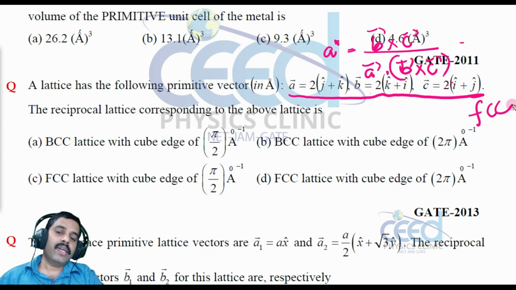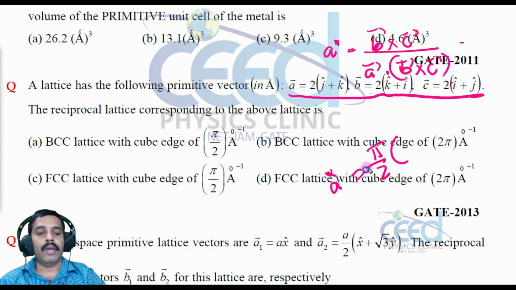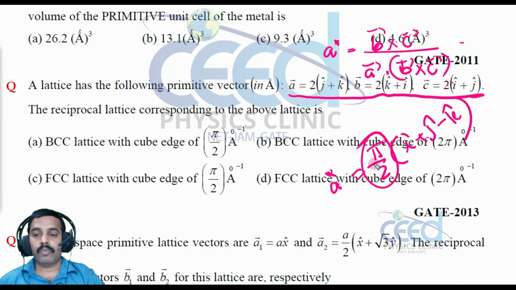In such a case, we have studied the reciprocal lattice vectors as pi by 2 into, so first A star we have studied as pi by 2 into i cap plus j cap minus k cap, right? So which one is the option? The reciprocal lattice vector corresponds to pi by 2 Armstrong, right?